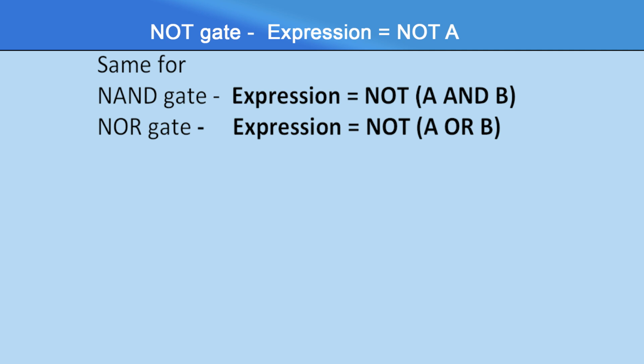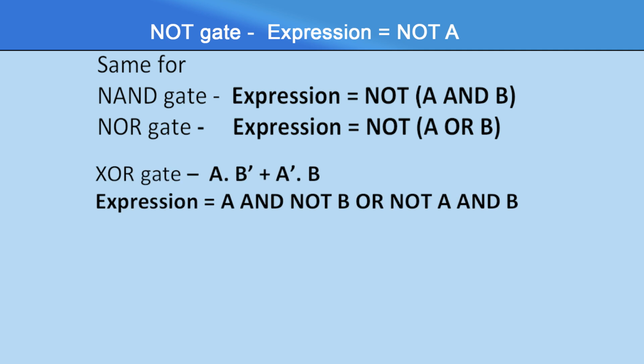Similarly for the NOR gate, we know it is a not or the opposite of our OR operation. So, similarly not of A or B gives the NOR gate expression. Similarly for the XOR gate, we know the logic expression for our XOR gate is A dot B bar plus A bar dot B. So, how can you write it in expression form?